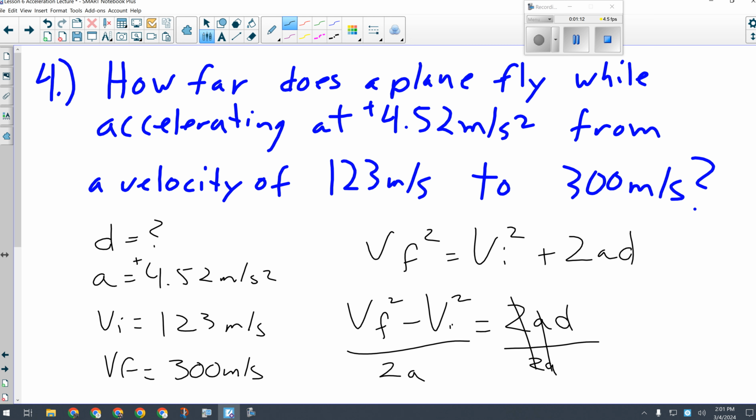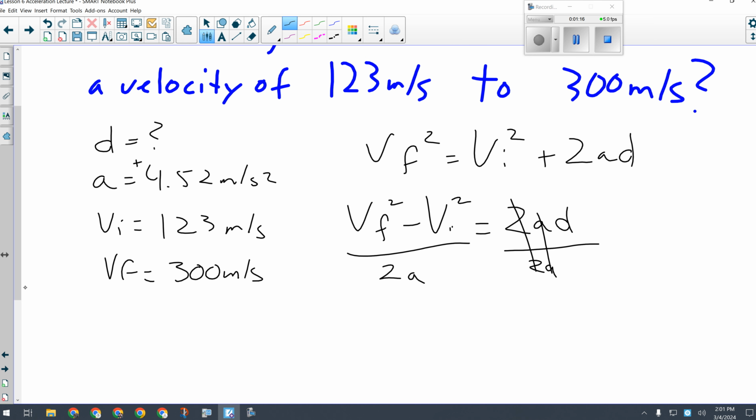Everybody okay with the manipulation? All right, so when we do that, we're going to have 300 squared minus 123 squared, not cubed, squared, divided by 2 times 4.52. Now something to be mindful of: you have an addition subtraction operation on the top of this equation, but you have a multiplication division on the bottom.